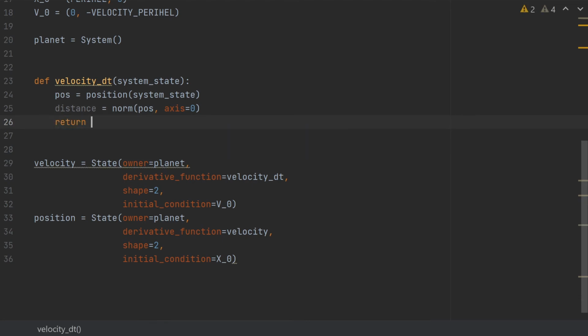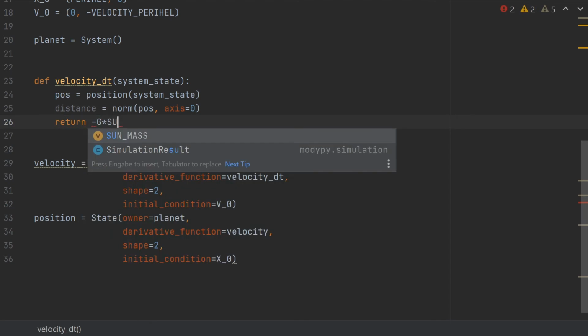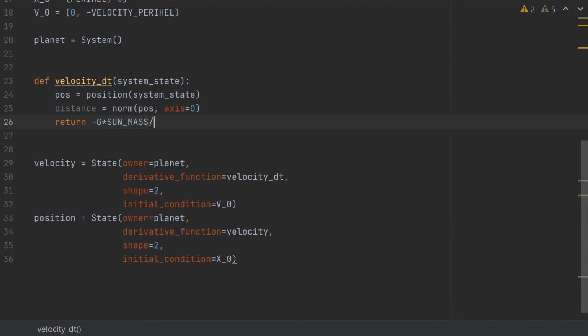And now what we return is minus g times the sun's mass divided by the distance cubed times the position. Actually, we could write it that way, but it's a little bit quicker to write it this way. And that already defines our system completely. So now we want to do a simulation.